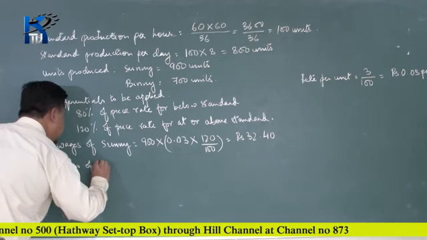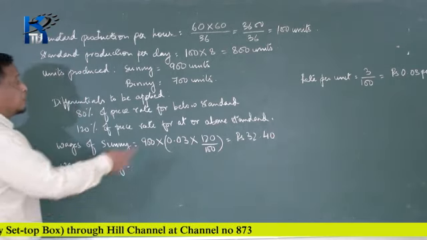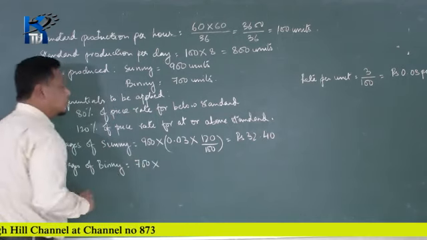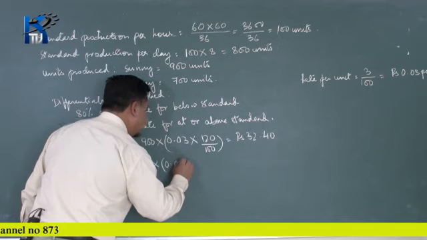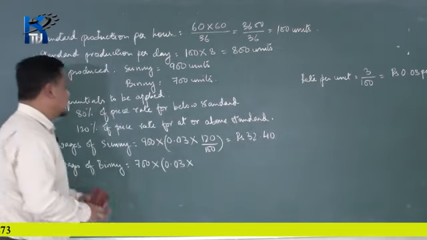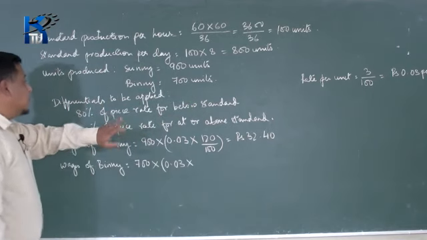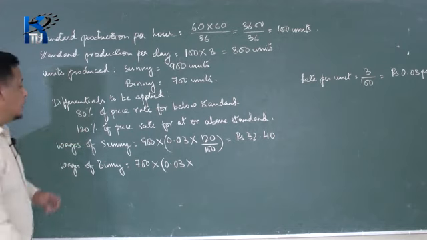Again, wages of Binny. Binny has produced 700 units into rate per unit is 0.03 into, since Binny has produced 700 units, which is less than standard, he will be given only at the rate of 80%.